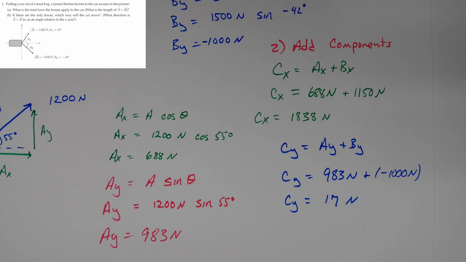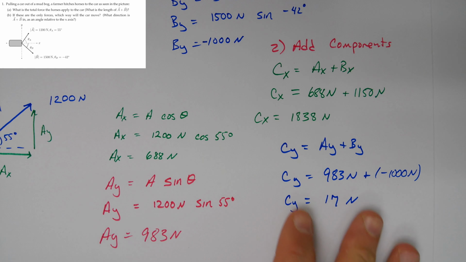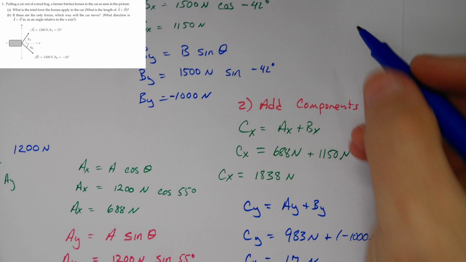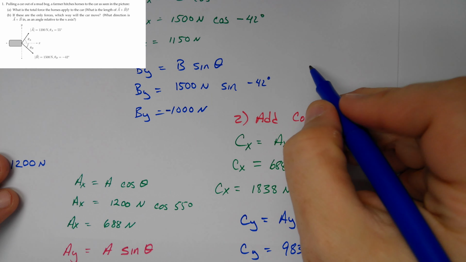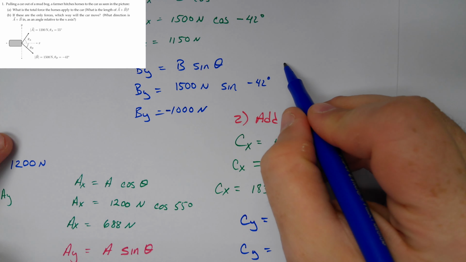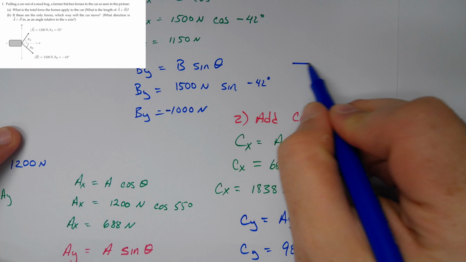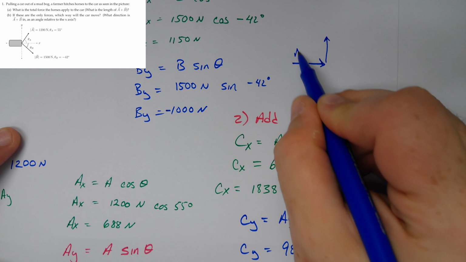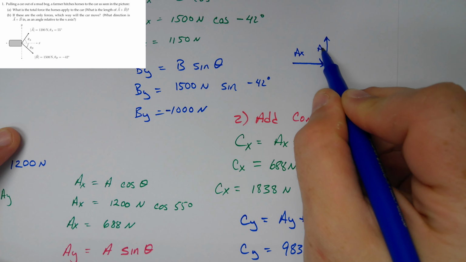And if we were to sketch what these looked like graphically, right? If we sketch what the components look like, so I'm going to do that just here, right? AX and AY are going to look like this. We go over like this, and we go up like this. Right.